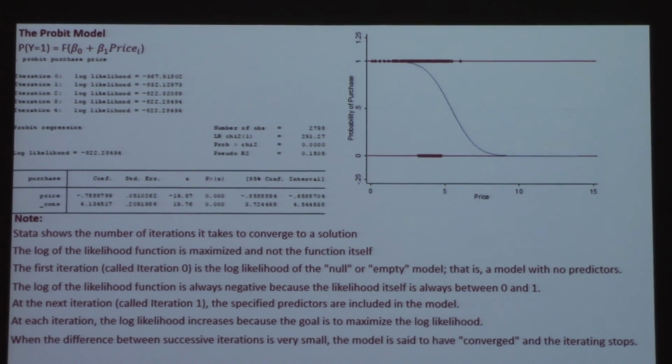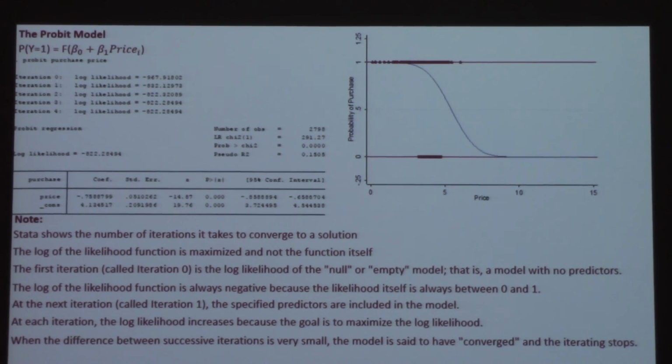That's when it converges. If we carried these out a few more decimals, we probably would see that there is some difference. And when the difference in the log likelihood between those two iterations gets small enough, that's when the iterating stops and it's said that the model has converged.